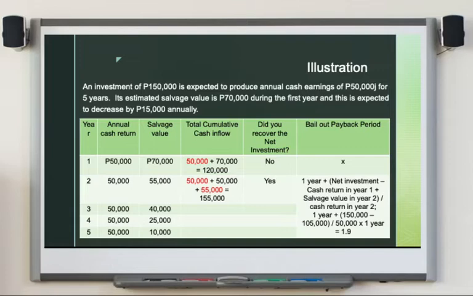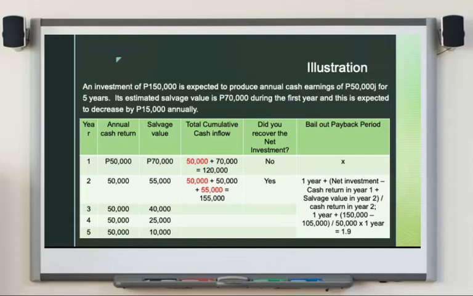And that is equivalent to 155,000. So at this point, we were able to recover the entire 150,000, and we are actually in excess of 5,000. So to compute for the total bailout payback period, we will count one already as year one has already passed, and that will be counted as one of the periods in the payback period.